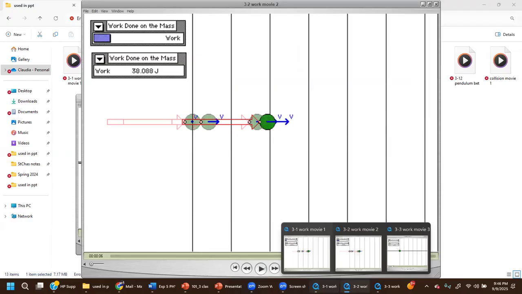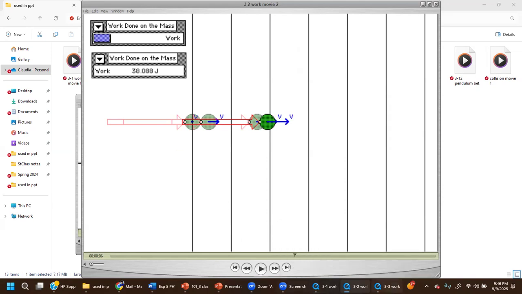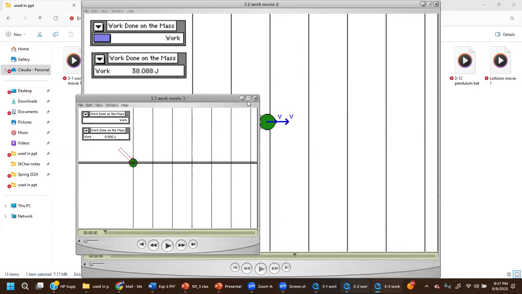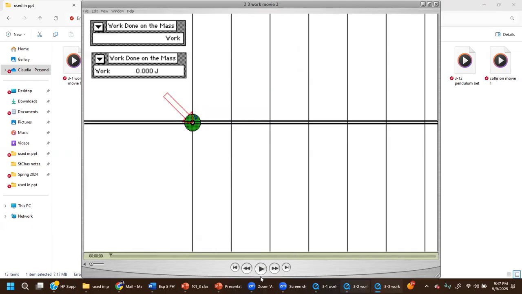Now, it's important to note that only the part of the force parallel to the surface does work. So let me just go ahead and show the third video. This time we have a force going at an angle.